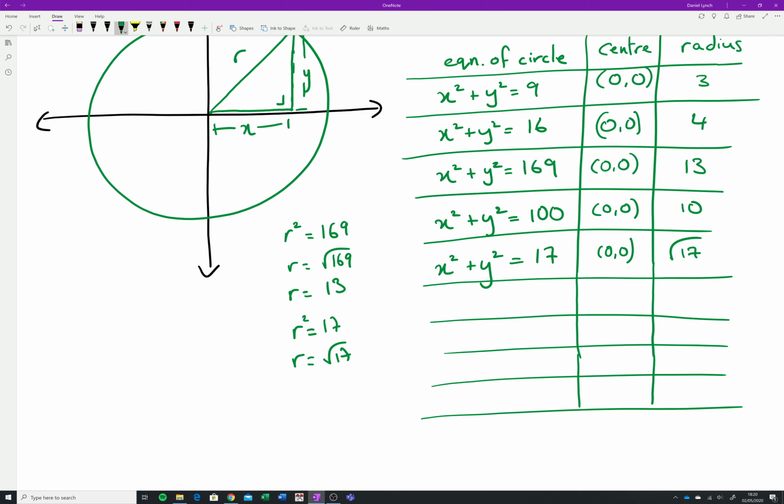You can pause it, do it, and then know that you have it right. So I'll do 3 actually. We'll say x squared plus y squared equals 25, write down the center and radius. X squared plus y squared is equal to 10. X squared plus y squared is equal to 1.